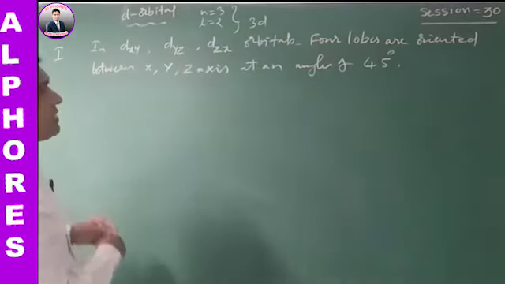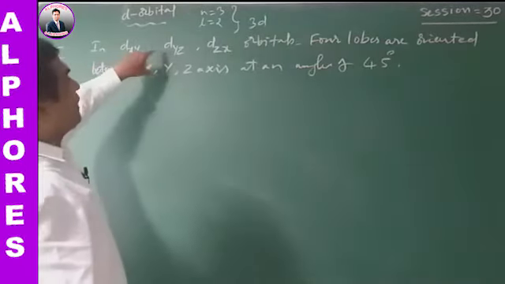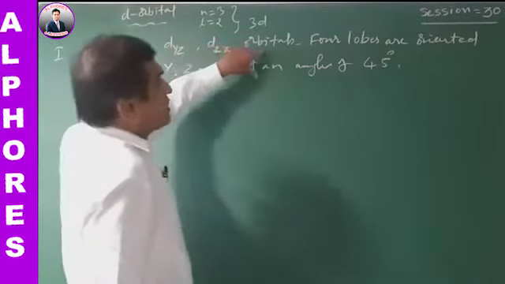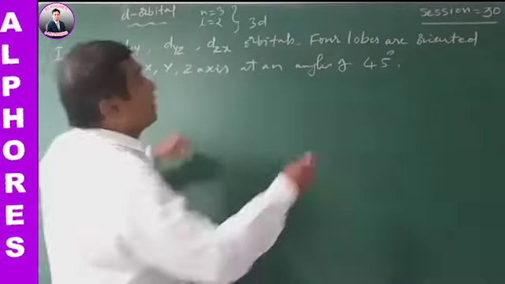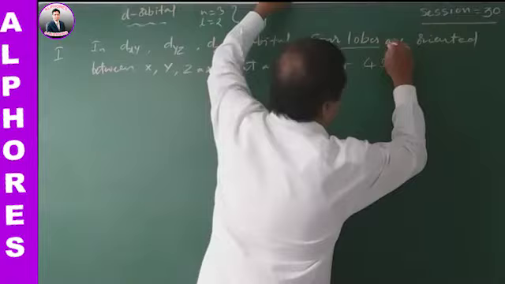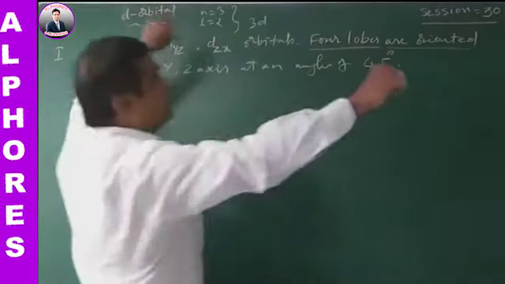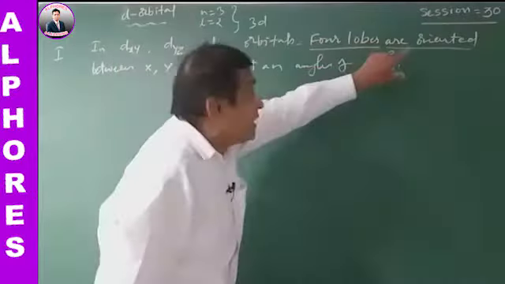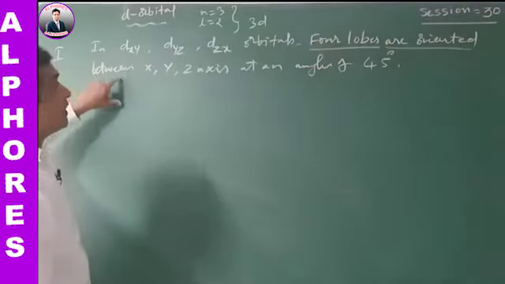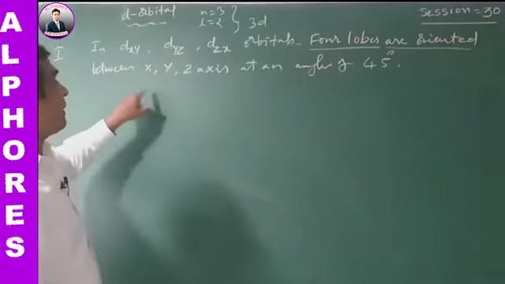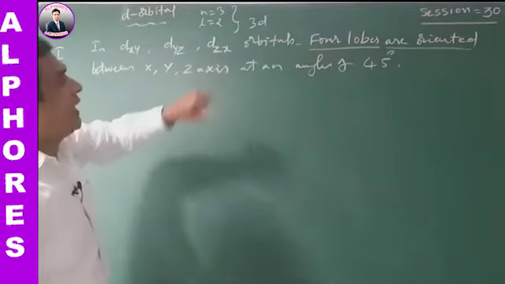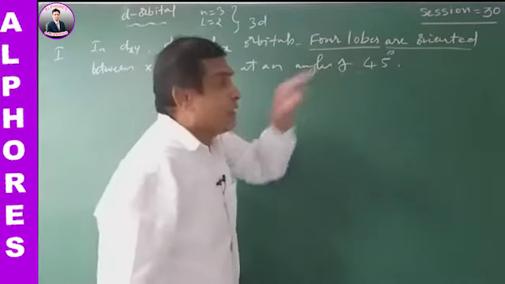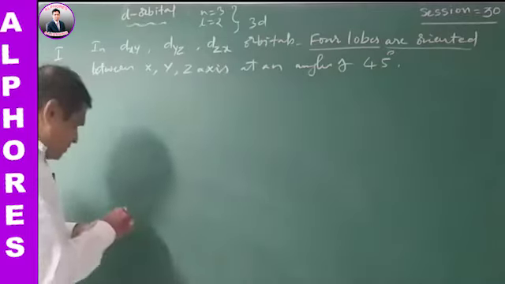So what is the concept? In dxy, dyz, dzx orbitals, the four lobes are oriented, meaning they are present. Lobe means electron density. The electron density is oriented between, not along the axis, remember, between the x, y, z axes at an angle of 45 degrees. Let us write that.